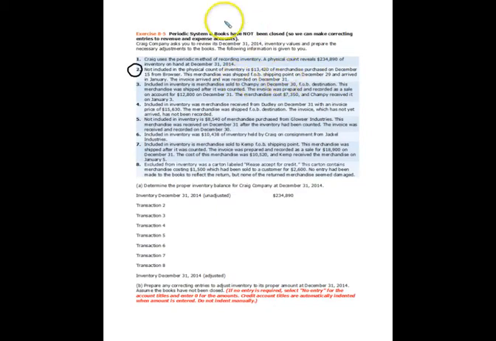So if we go back to our 2 questions, do we own it? And 2, have we recorded it? So 2, yes, we have. So we do own it. It's FOB shipping point. So title transferred when the goods left the seller's place of business.